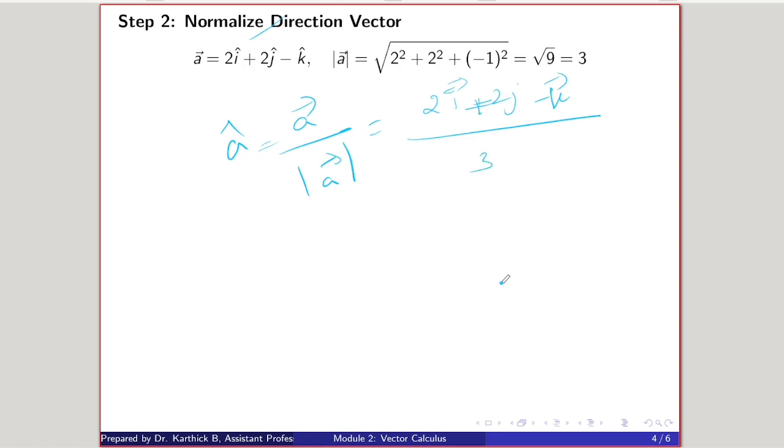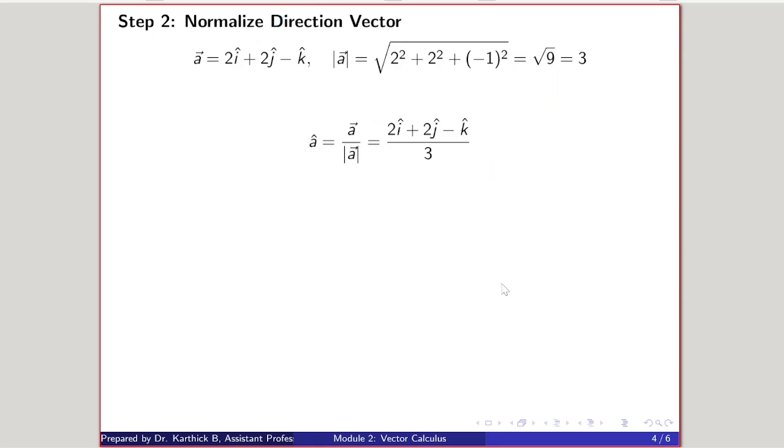After finding this, to find the directional derivative, we want to find gradient phi dot a cap.